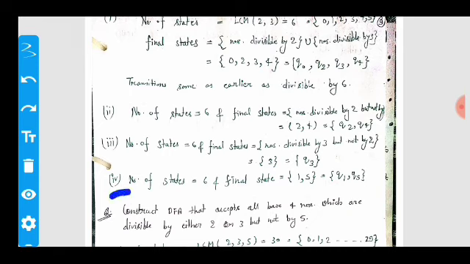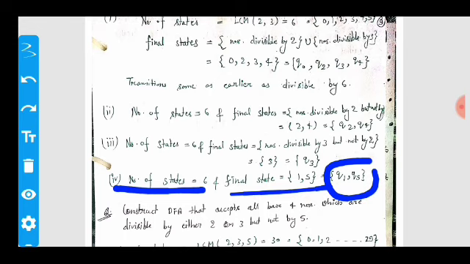In the case of not 1, neither divisible by 2 nor 3, we got a total number of states of 6, but the final states are 1 and 5, because 1 and 5 are not divisible by 2 or by 3. So 1 and 5 are your final states.